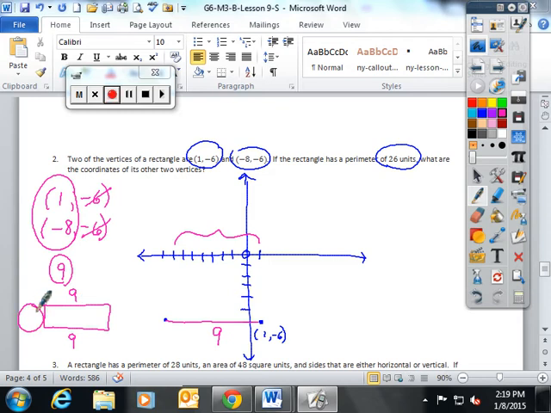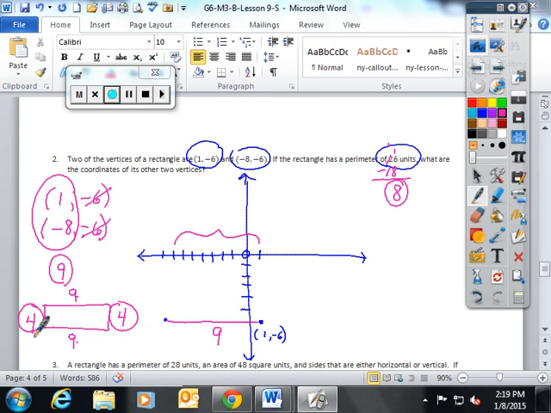Now I just need to find my other 2 sides, which 9 plus 9 is 18. The whole rectangle has a perimeter of 26, so 26 minus 18 gives me 8. But I need 8 split between 2 sides. 8 divided by 2 is going to give me 4 here and 4 here.